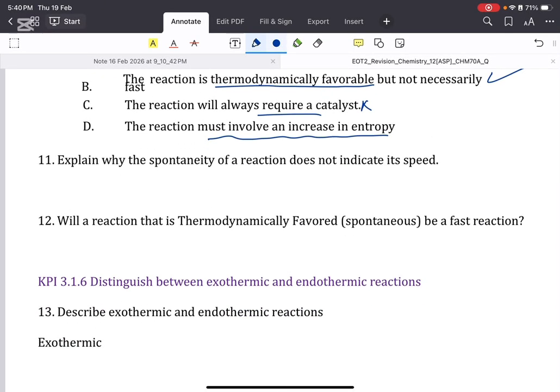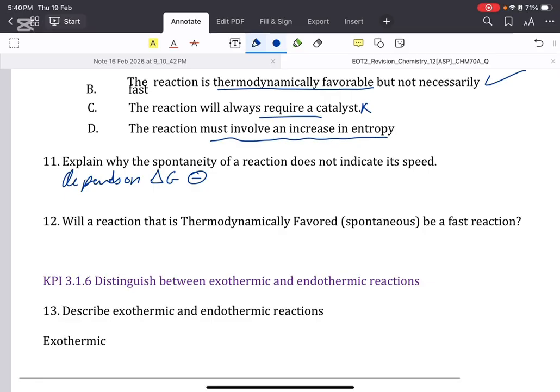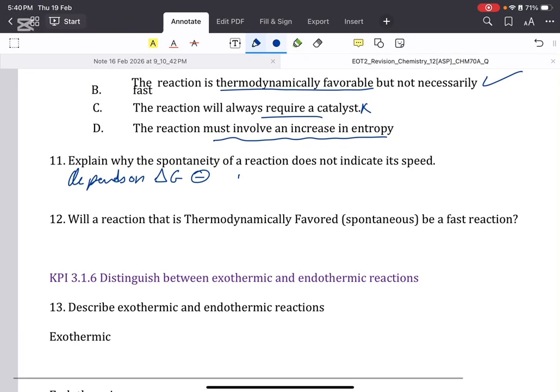Explain why the spontaneity of a reaction does not indicate its speed, because they are not related. The spontaneity of a reaction depends on the sign of delta G, whether it's thermodynamically favored or not. So if delta G is negative, that is spontaneous.